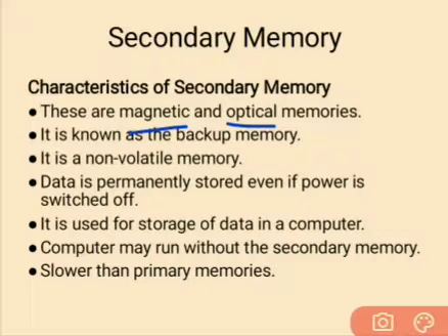Data is permanently stored even if the power is switched off. So these types of memories hold the data permanently. Even if the power goes off, the data is still present in the memory. It is used for storage of data in the computer. A computer may run without the secondary memory.